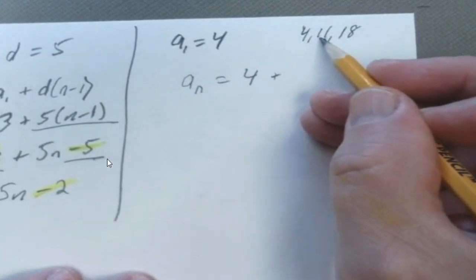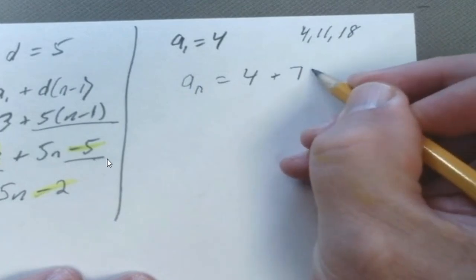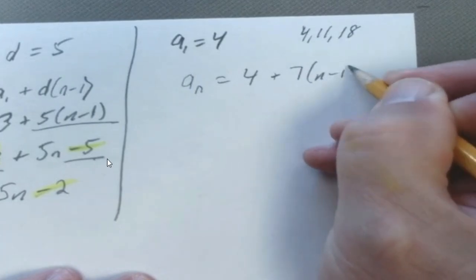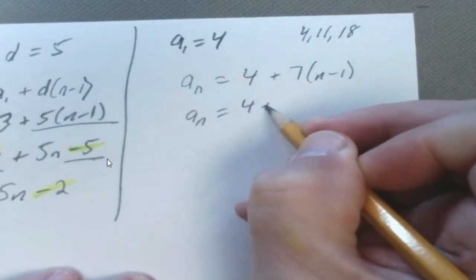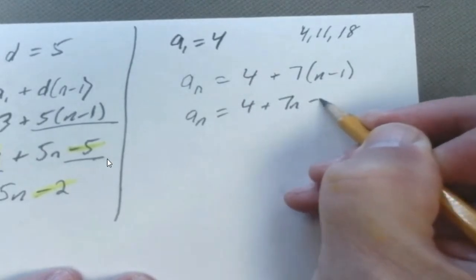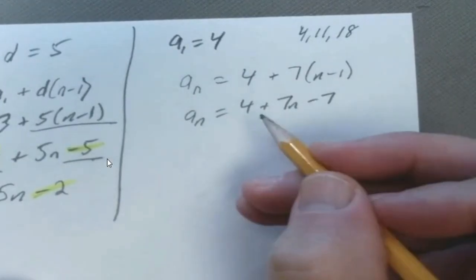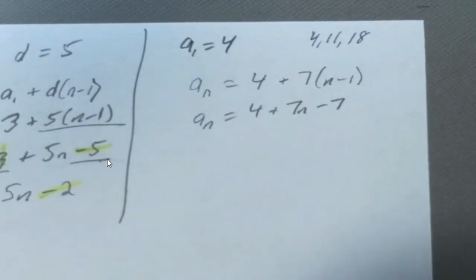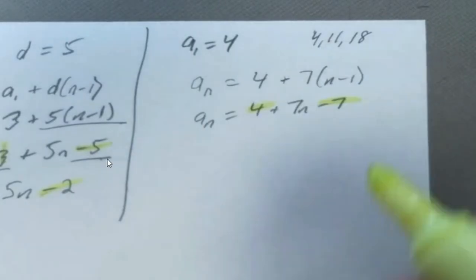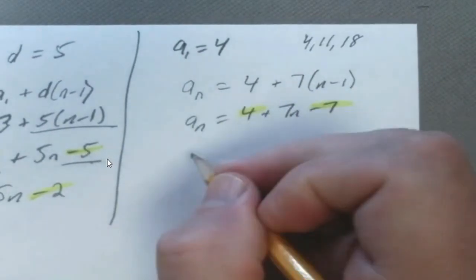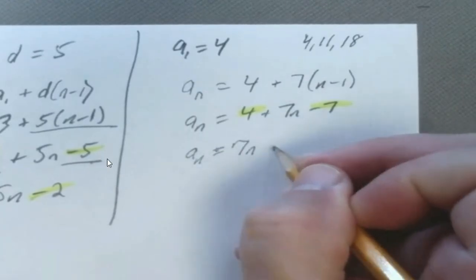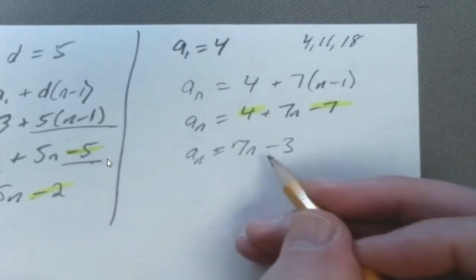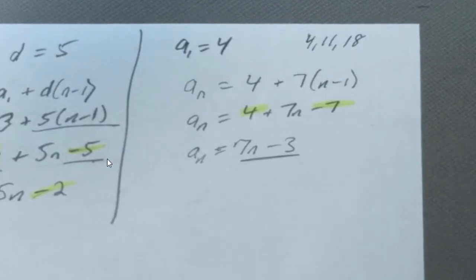Well, if it goes from 4 to 11 to 18, that's 7(n minus 1). So 4 plus 7n minus 7. We have like terms, because we have the minus 7 and the plus 4. So a sub n equals 7n minus 3. So this is what we're going to graph with, 7n minus 3.